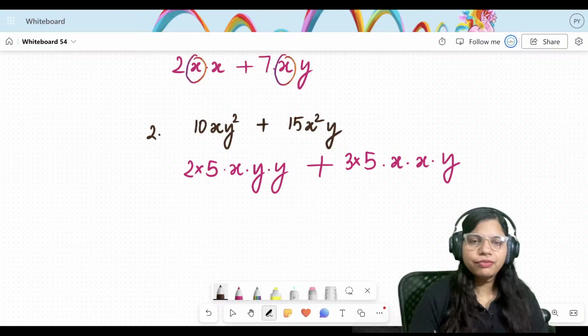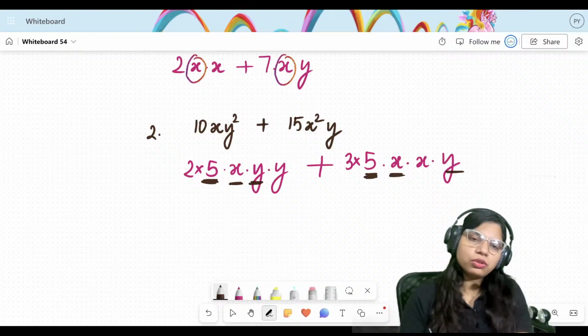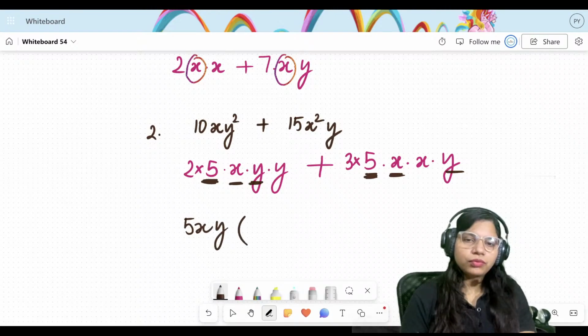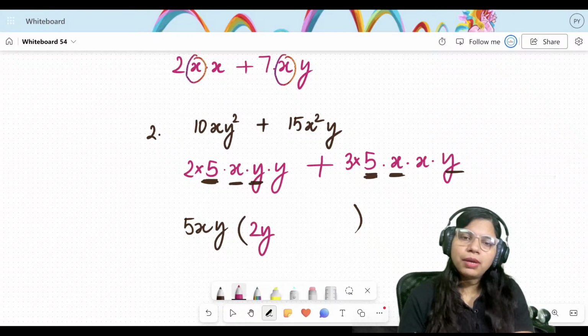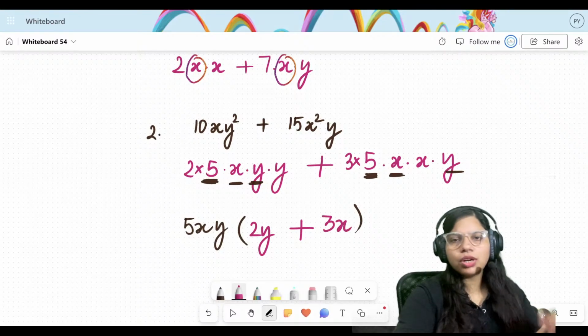Now what is common? 5. Underline that. x. Underline that. y. So what you underlined, we write once outside. 5xy outside. In the bracket we write what is not underlined. So you have 2y left plus you have 3x left, and that's your answer.